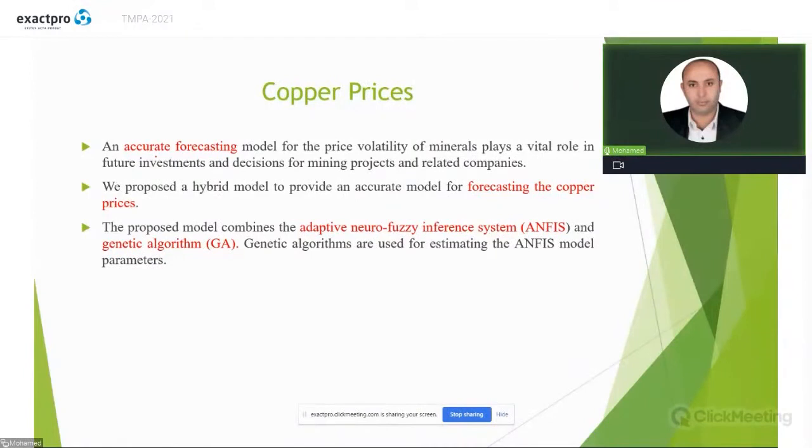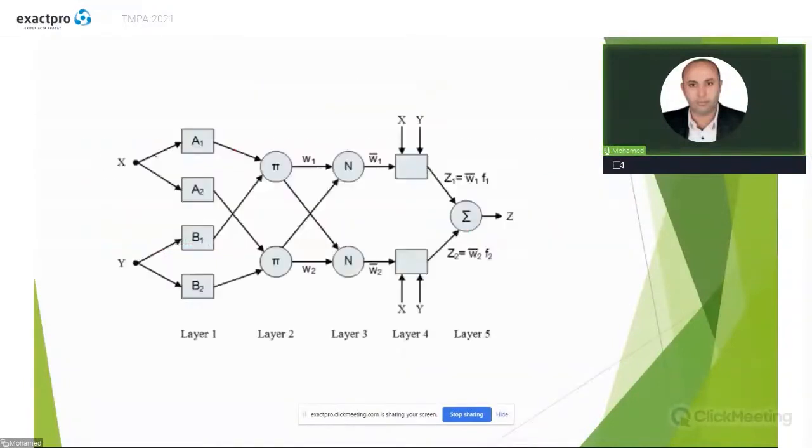The proposed model combines the adaptive neuro-fuzzy inference system and the genetic algorithm. The main aim of using the genetic algorithm is to estimate the ANFIS model parameters. In general, the ANFIS model can be considered an extension of a traditional neural network, combined with a neuro-fuzzy system.